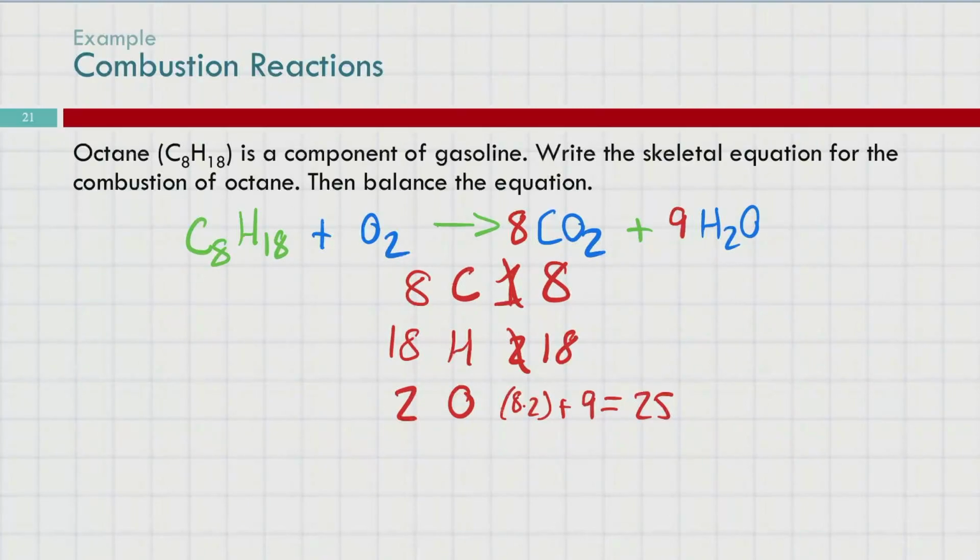So using the fraction method to balance this, since it's a little faster, we would take 25 over 2 and make that our coefficient for O2. Or you could do 12.5. And then we come in and double everything. Boop. Big double.